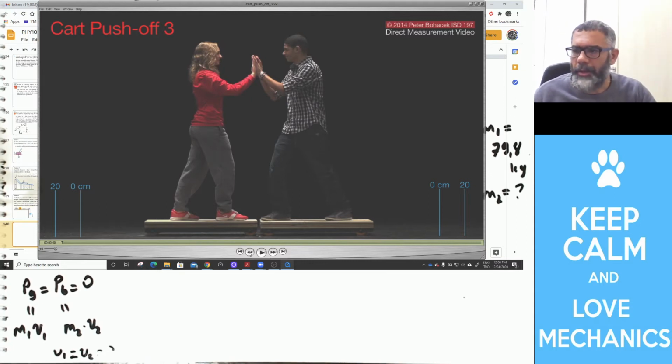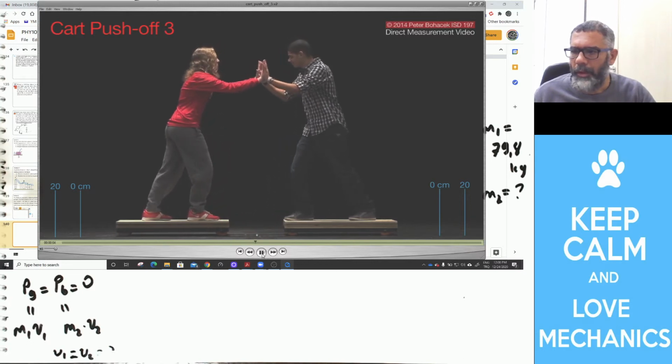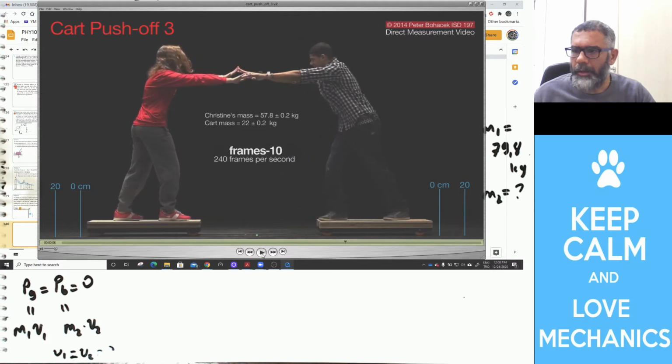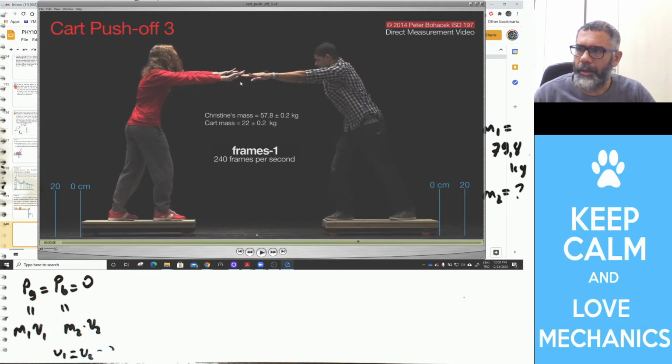What's next? What's next is if you run the video again till this point, as they are detaching from themselves, now they are moving with constant velocities because they are not touching anymore to each other.